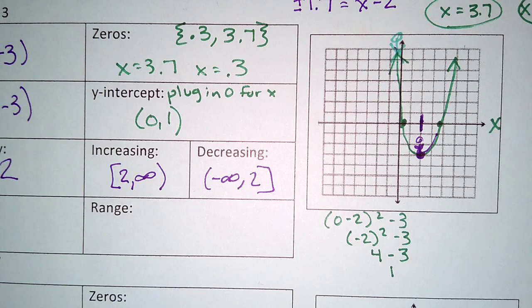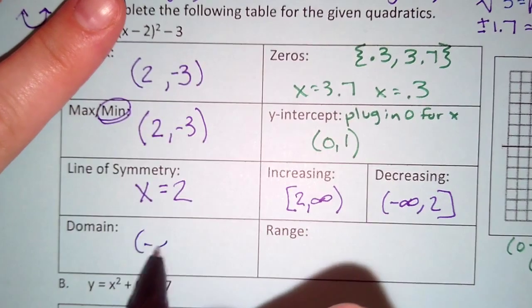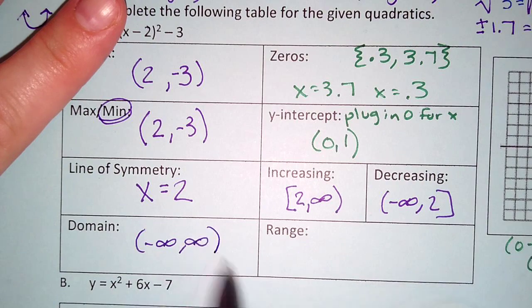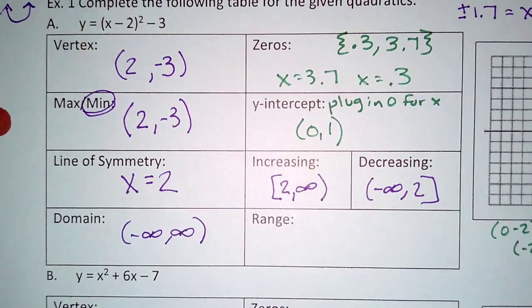Now for the domain of the entire graph. How far left does it go? How far right does it go? Keeps getting wider and wider forever. So negative infinity all the way to positive infinity.